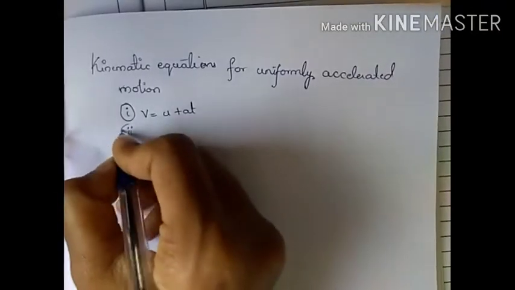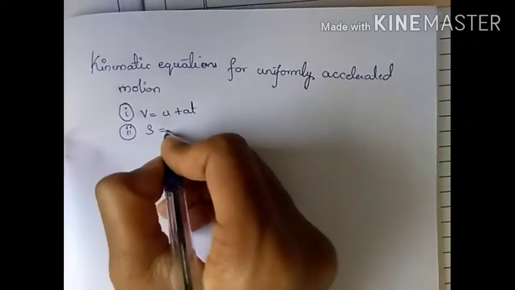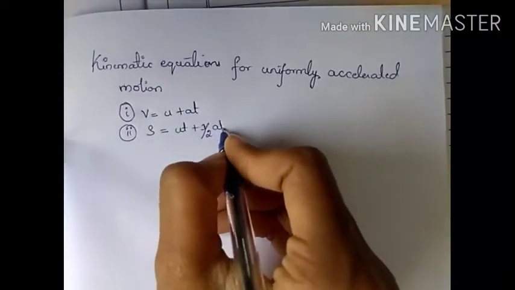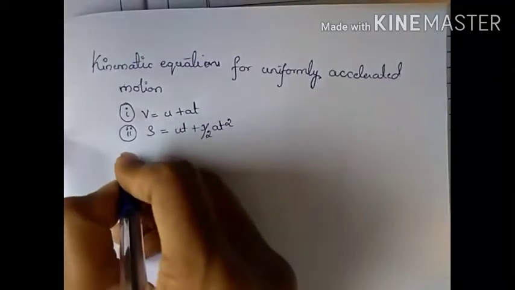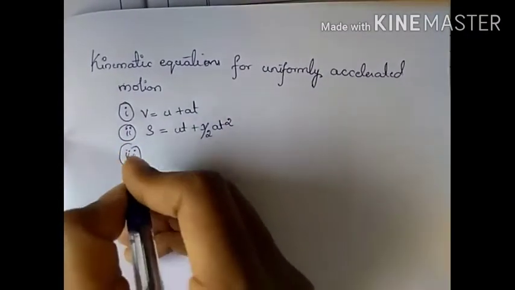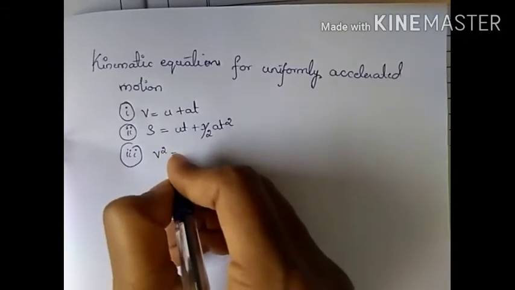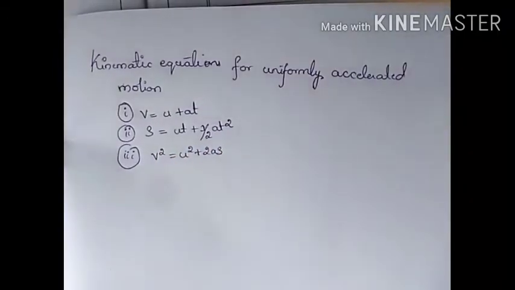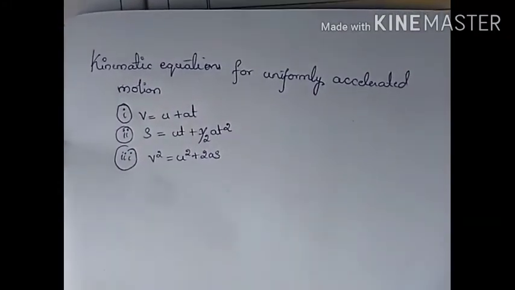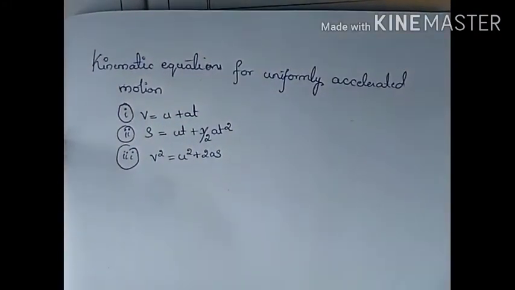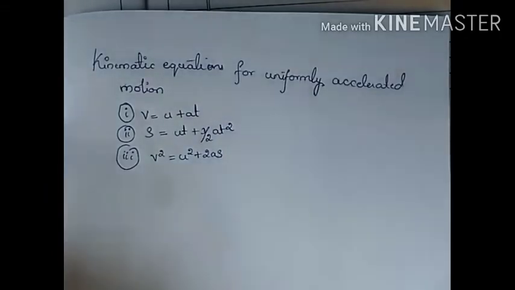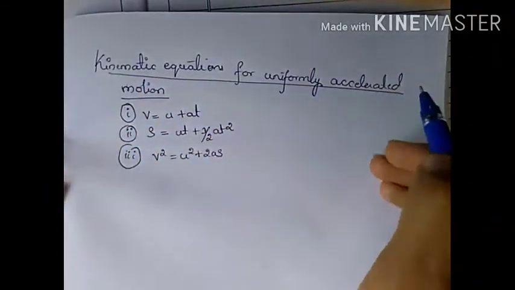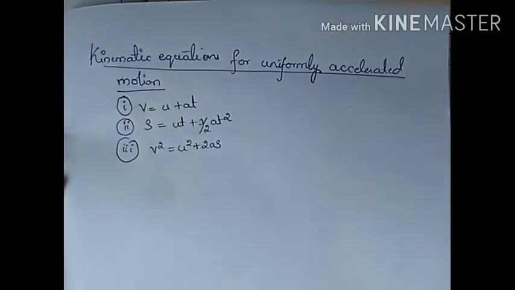Next one was s is equals to ut plus half at square, and the third one was v square is equals to u square plus 2as. So these are the three kinematic equations for uniformly accelerated motion. We have done the derivation for these three equations in our last class.